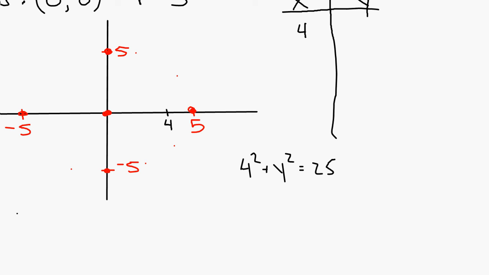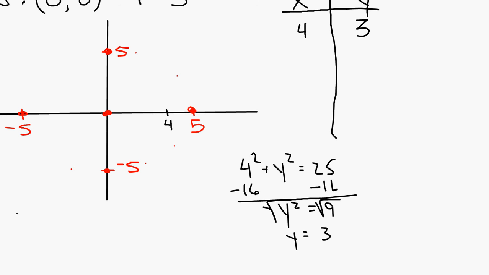So you're going to subtract 4 squared from each side. So you're going to subtract 16. And what's y squared going to be equal to? 25 minus 16 is 9. And if you take the square root of each side, then y equals 3. So when you insert a 4, you get a 3. So isn't (4, 3) going to be a point on this circle? So it's about right here, isn't it?